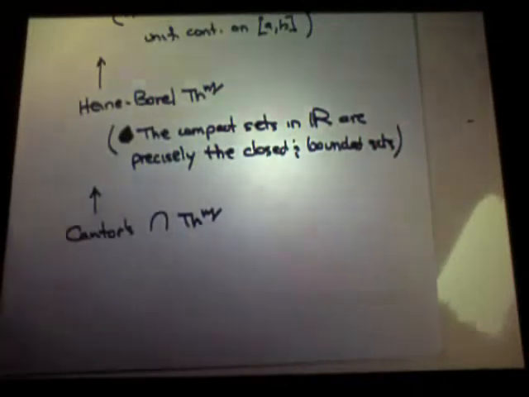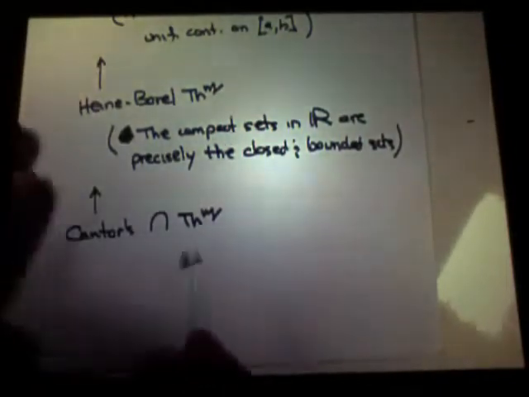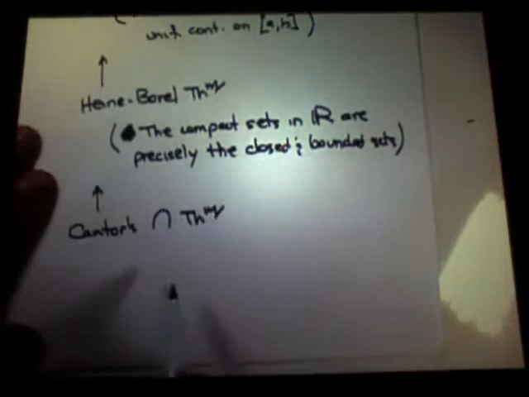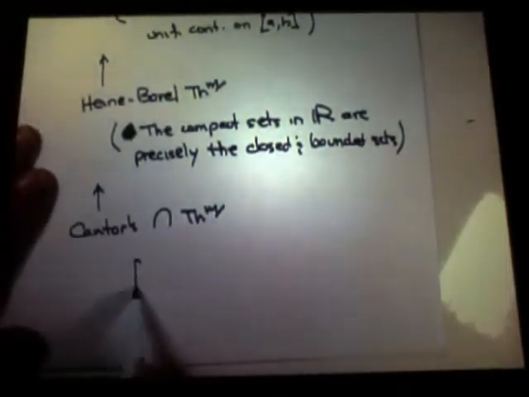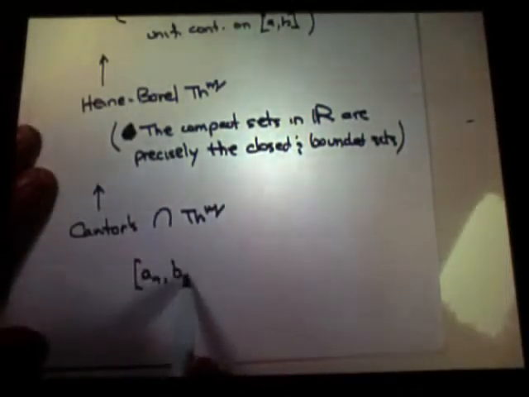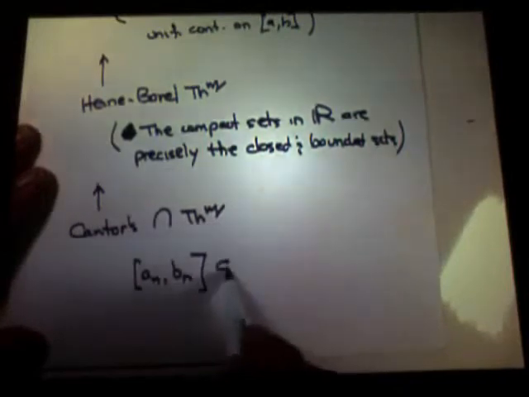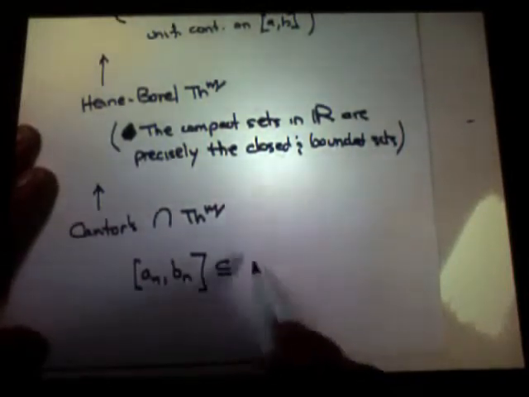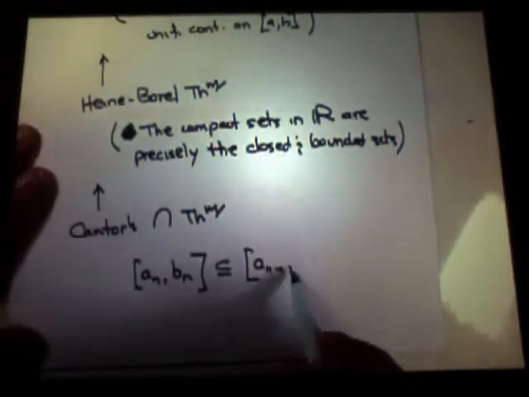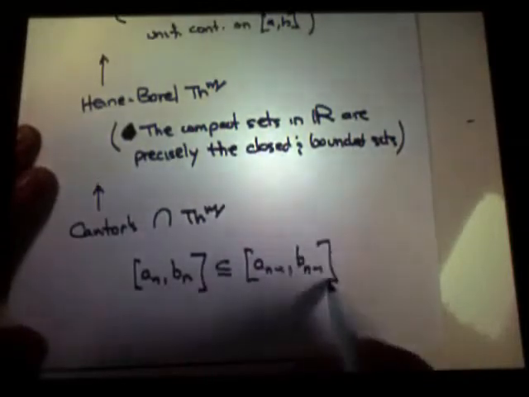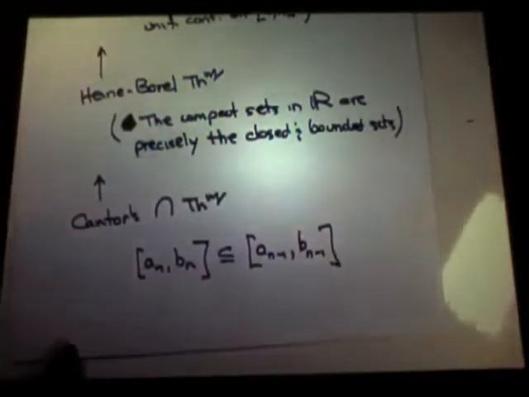Basically, if you have a collection of nested closed intervals, the next one is always contained in the last one.